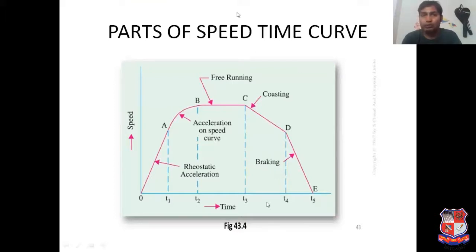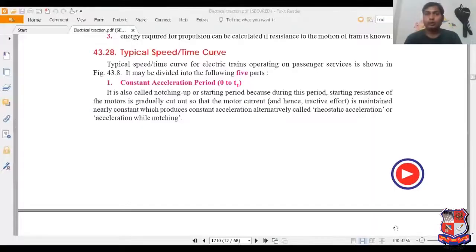Now I want to discuss a few more things about the speed time curve.